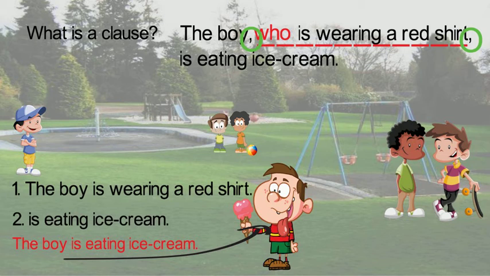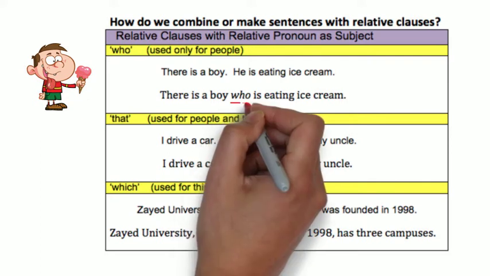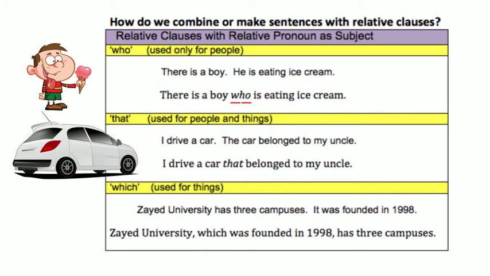How do we combine or make sentences with relative clauses? Relative clauses with relative pronouns as subjects. Who, used only for people. There is a boy. He is eating ice cream. There is a boy who is eating ice cream. That, used for people and things.